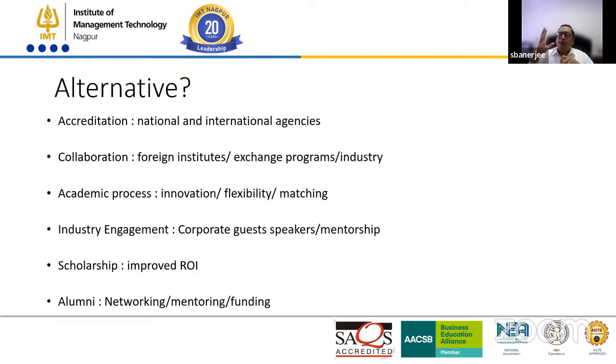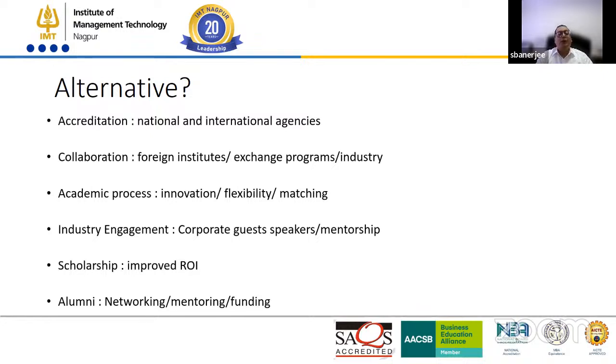So if you are looking for a job in that organization, or the head of HR, if your CV goes there and it shows that you are from the same alma mater that the person is from, you understand that there is some way or other you have an added advantage. Of course, merit is the choice criteria. No one selects you just because you're from the same institute. But if there is a choice between two persons who are equally intelligent, if you come from the same alma mater, you have an advantage.